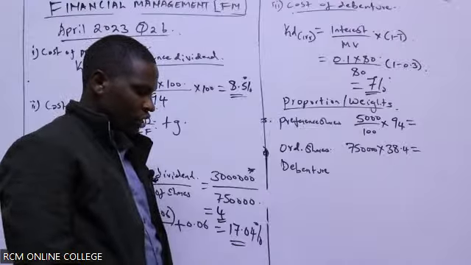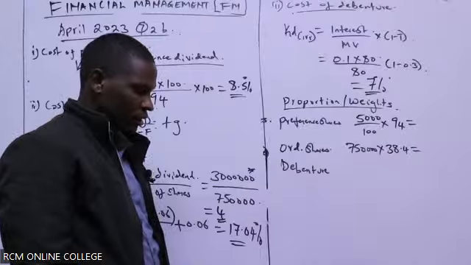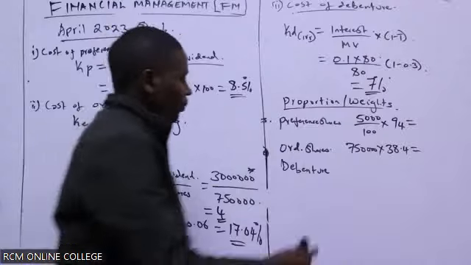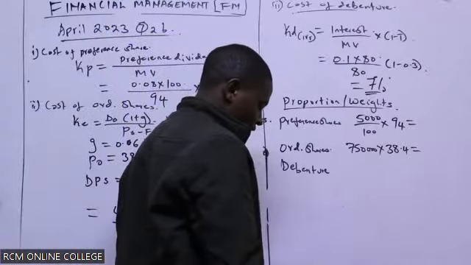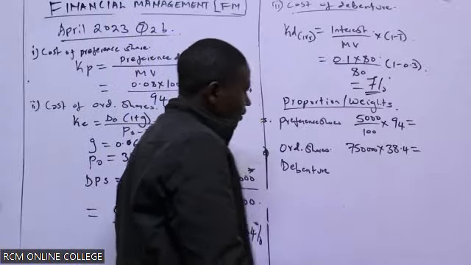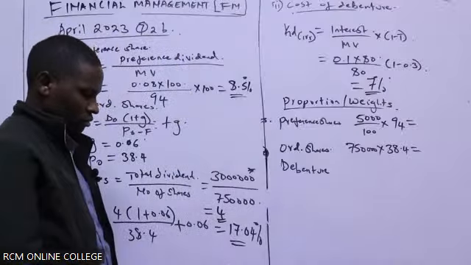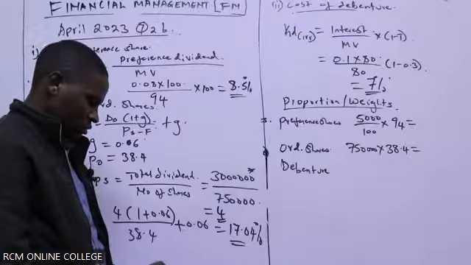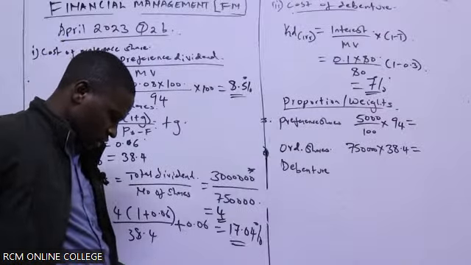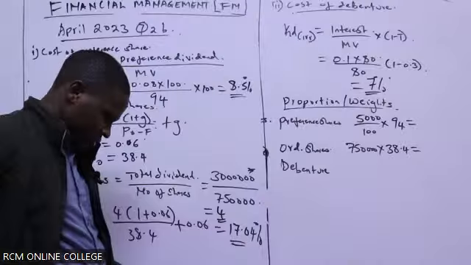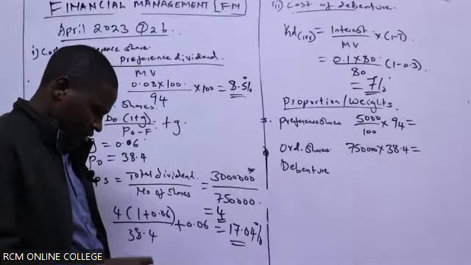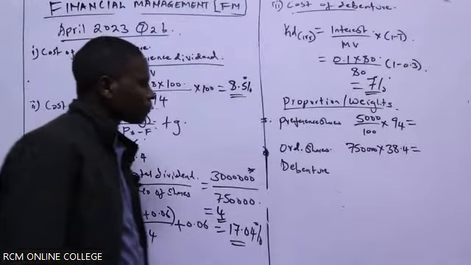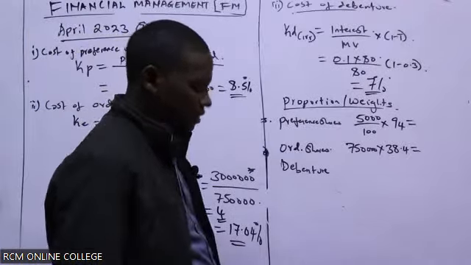So our debenture itakuwa namna gani? Debenture yetu, you can see we have 7,500, right? And we don't have par in this case.